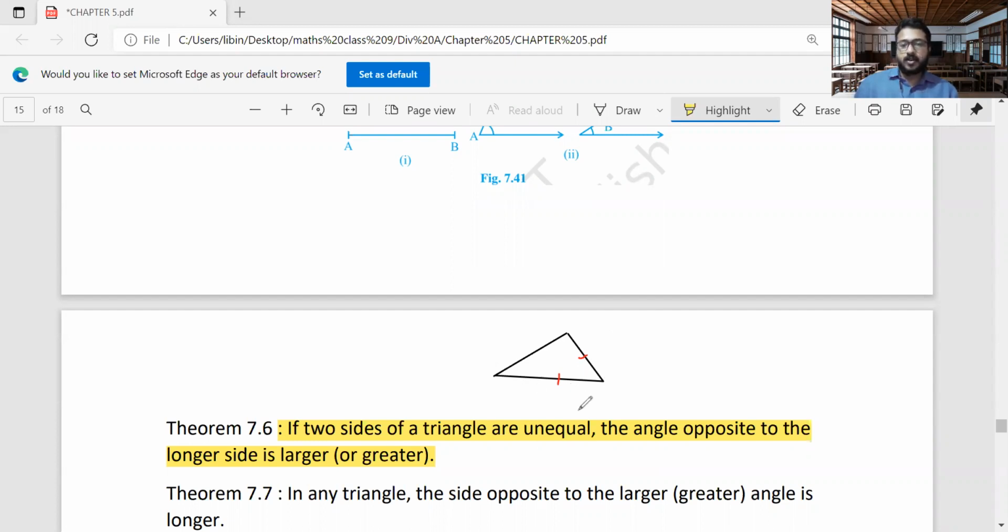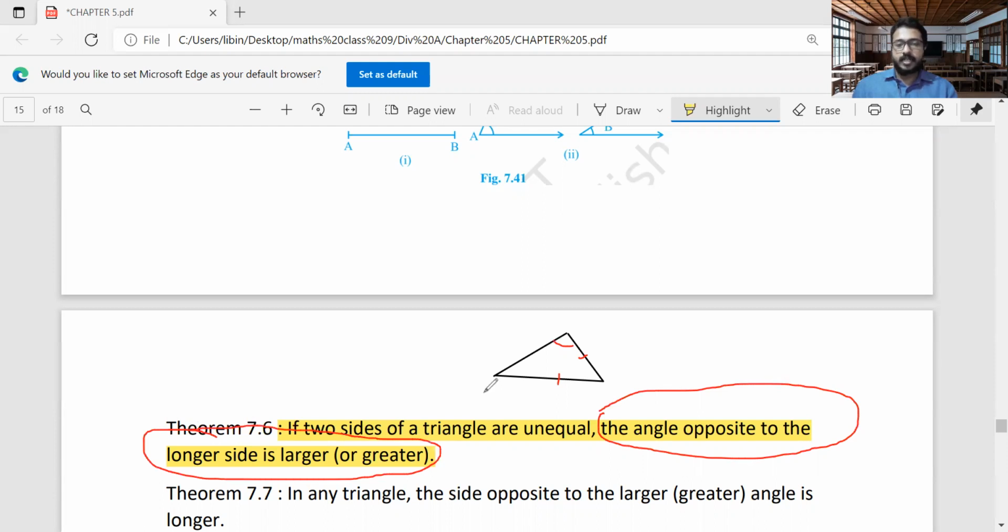Here, this is the longer side, so the angle opposite to it is this angle. What does this theorem state? It states that if two sides of a triangle are unequal, the angle opposite to the longer side is larger when we compare it with the other angle. That is what this theorem states.